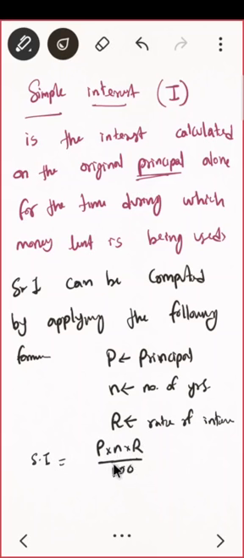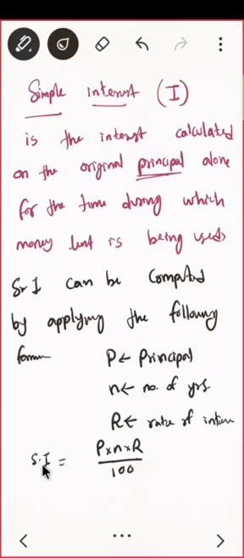Sometimes people say PRT, using T for the time period in years. That is also okay, or if you write PNR, that is also okay, no issue. So this is the formula. So this is your simple interest.